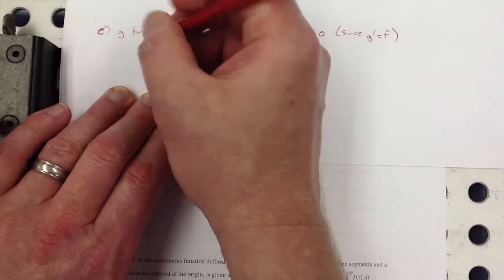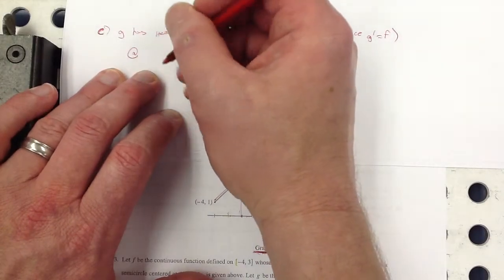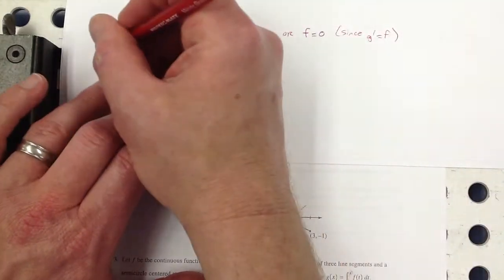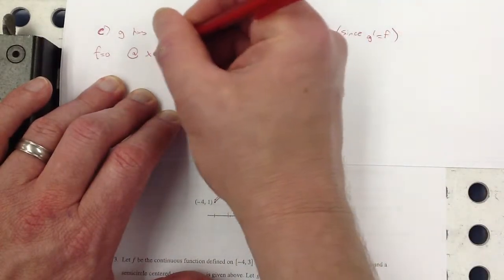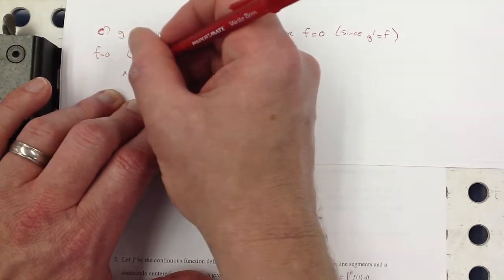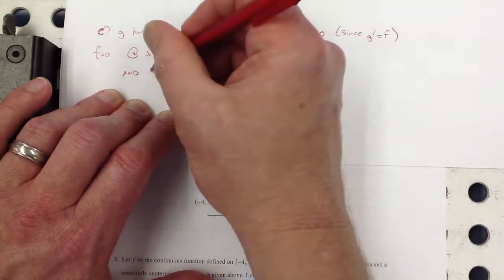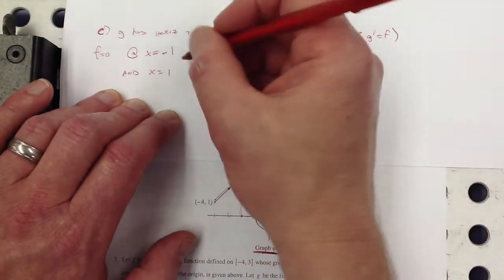So let's say f equals 0 at x equals -1 and x equals 1. Those are the places where it equals 0.